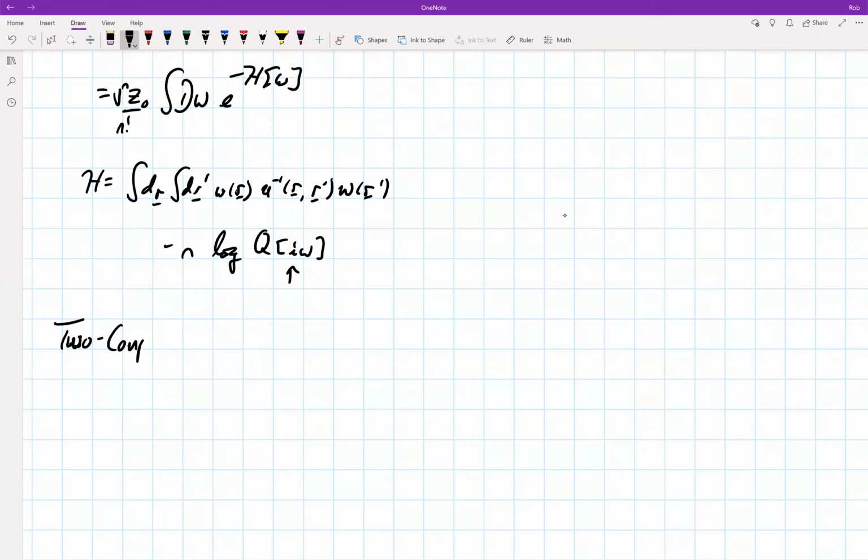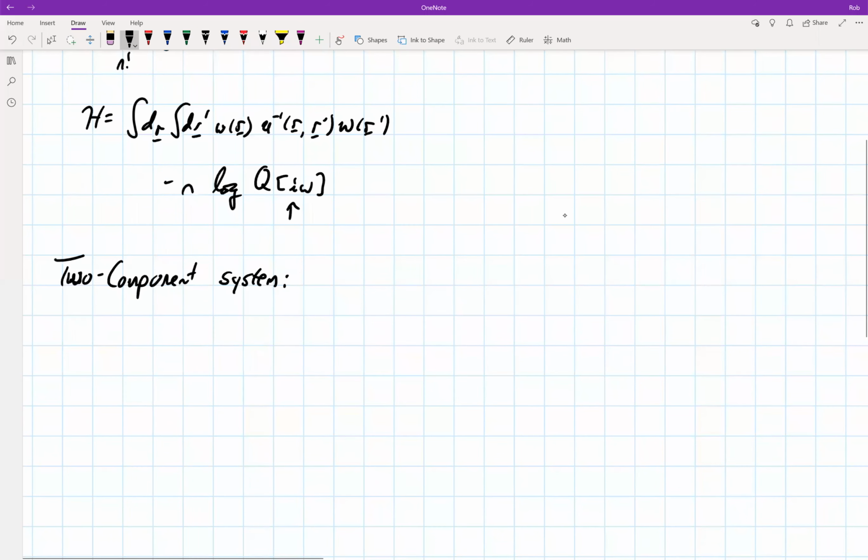So we'll start with our 2-component system, and what we're going to get out of this is basically the regular solution theory at the end.